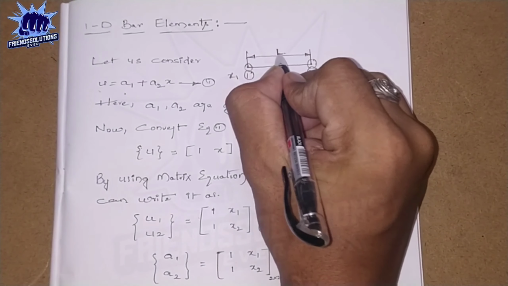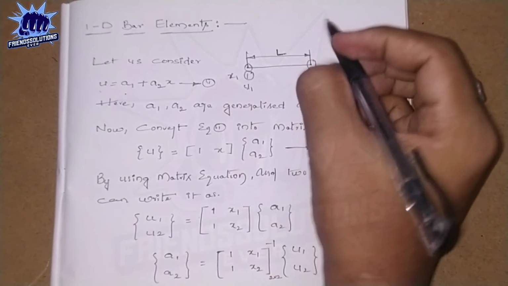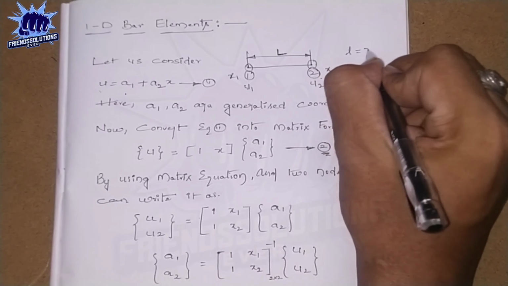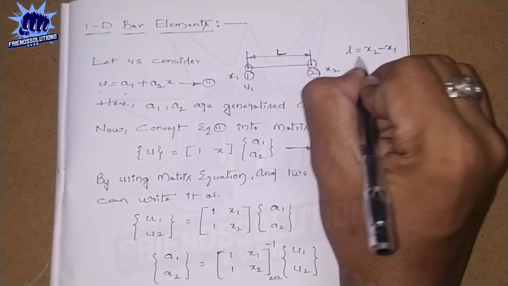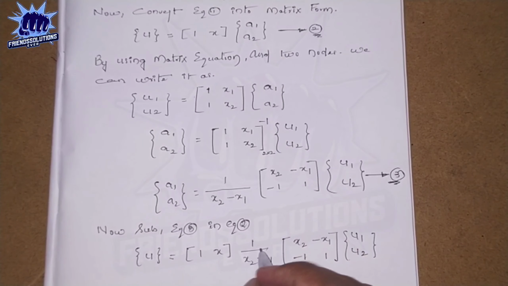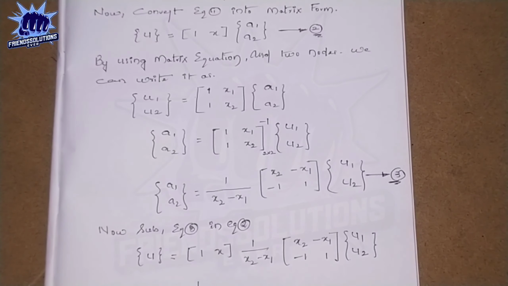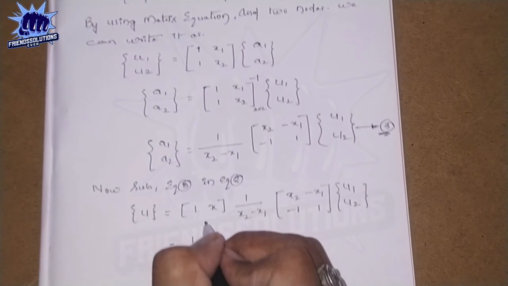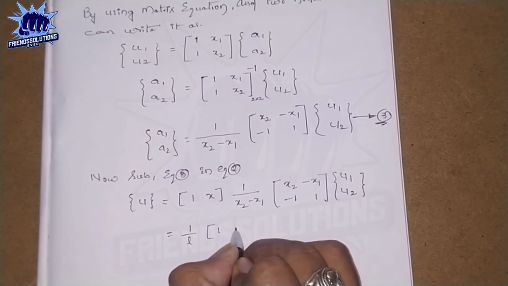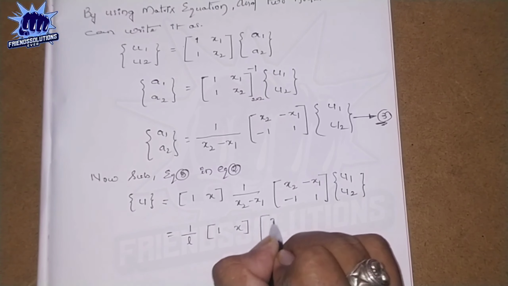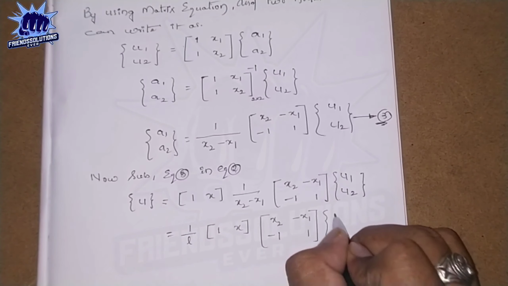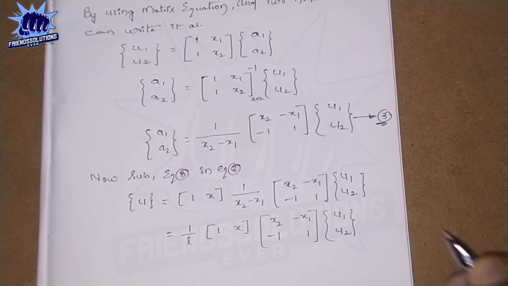We already know that L equals x2 minus x1. So in the place of x2 minus x1, we write 1 by L. Then [1 x] times the matrix with x2, minus x1, minus 1 and 1, times u1, u2.